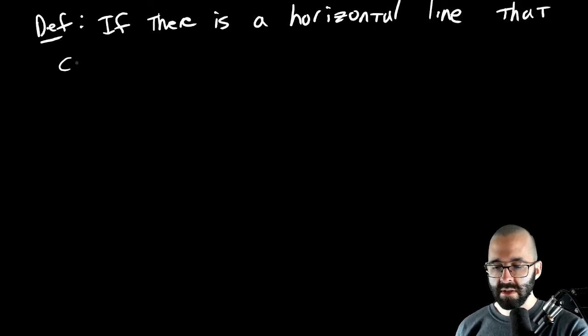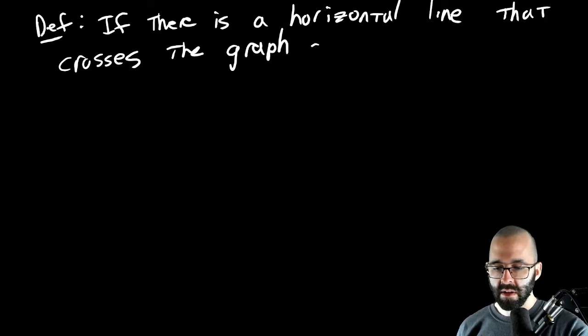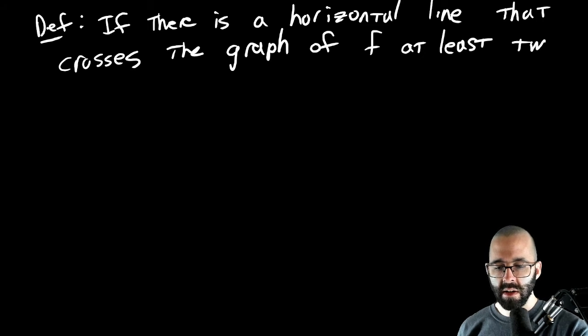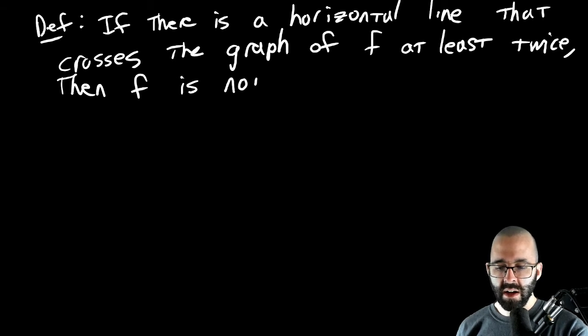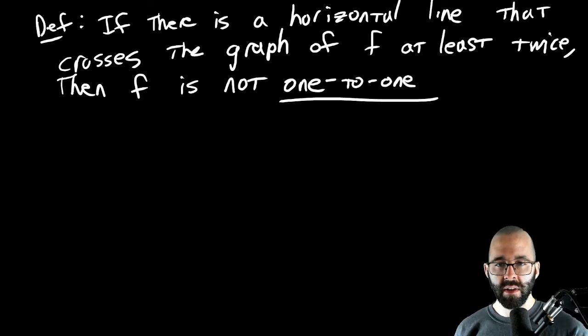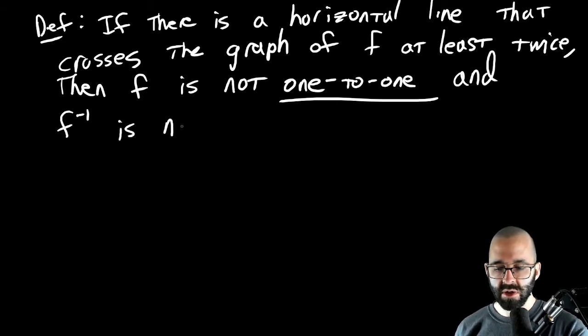If there is a horizontal line that crosses the graph of f at least twice, then f is not 1-to-1. So that's our definition. f is not 1-to-1, and f inverse is not a function.